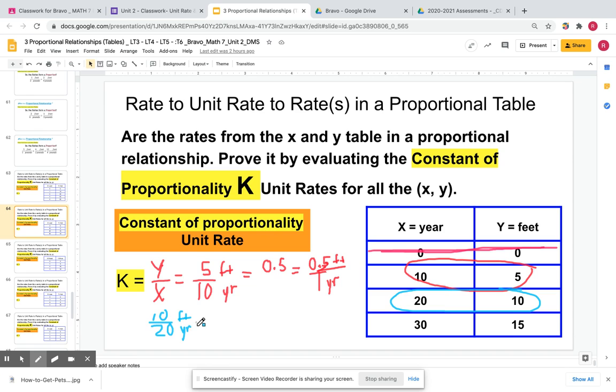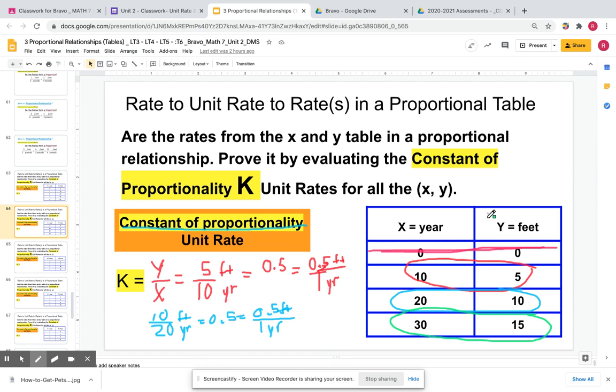We find that it's equal to 0.5, which is 0.5 feet over 1 year. So far, the first 2 points that we have looked at have the same constant of proportionality, so we're good so far. The table is looking to be proportional, but we have to check the last set of points, the very bottom ones too.